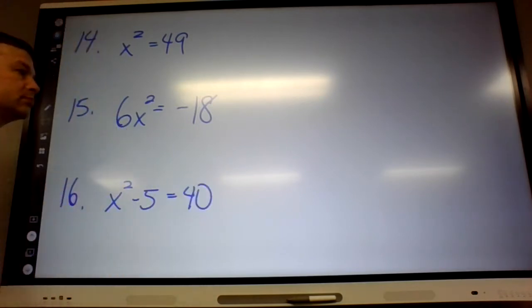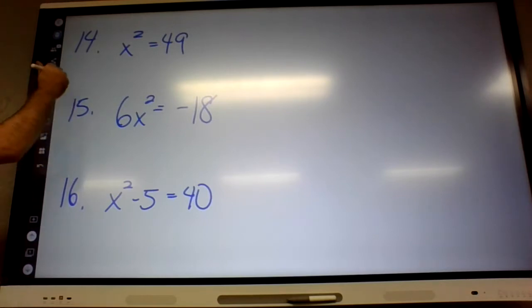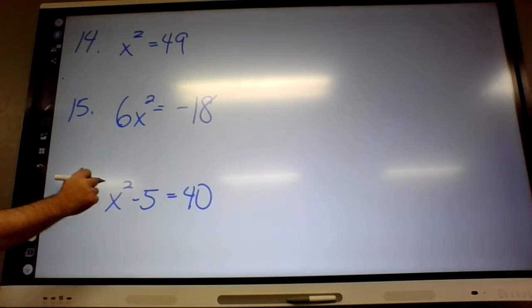What kind of problem is this? Solve by taking roots. Okay, we're about to find out why grading these bugs me so much.